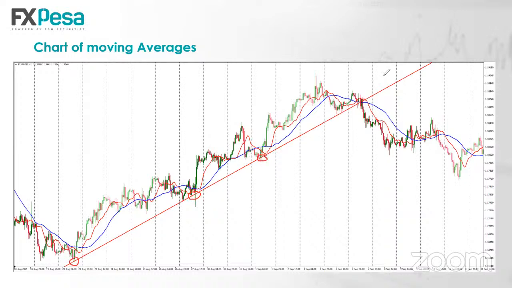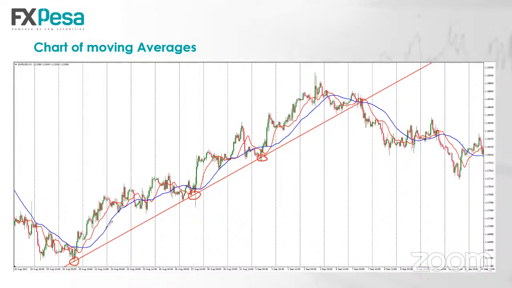So the reason why you're combining the trend line with the moving averages is to filter the challenges you're going to find with each other, right?